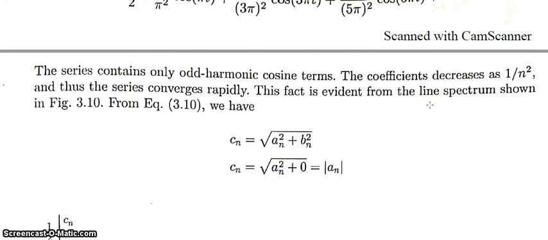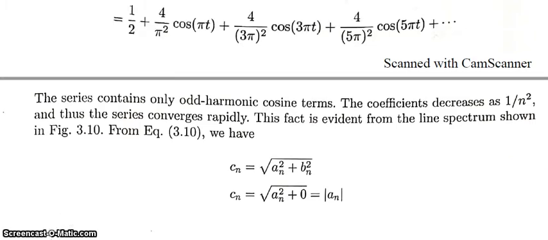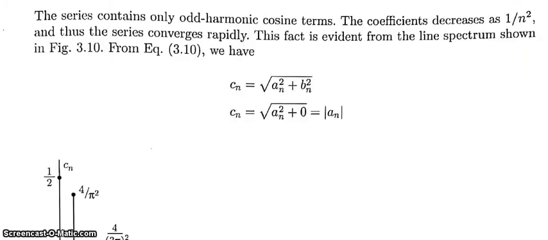As we have seen in the previous question, the line spectrum is the plot between the coefficient Cn and n, and Cn, we know, is root of an square plus bn square. In this question, the bn coefficient is 0, therefore Cn is simply the modulus of an, and an has value only for n odd.